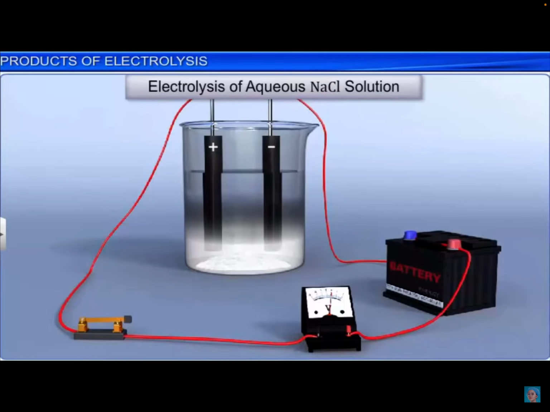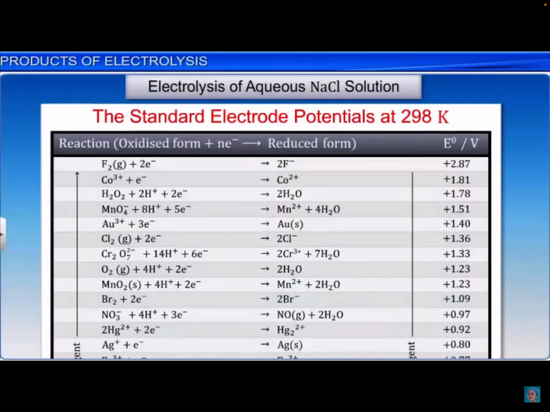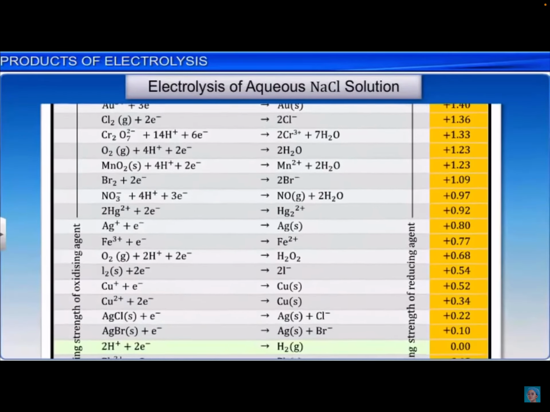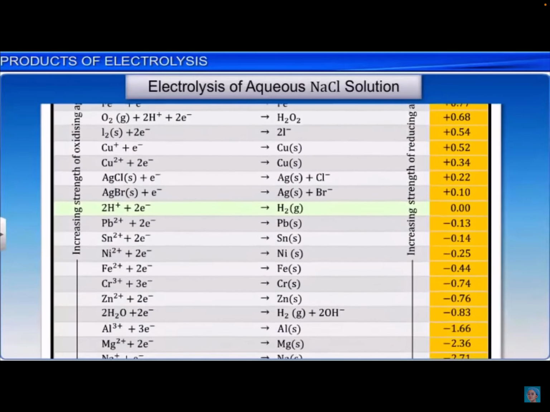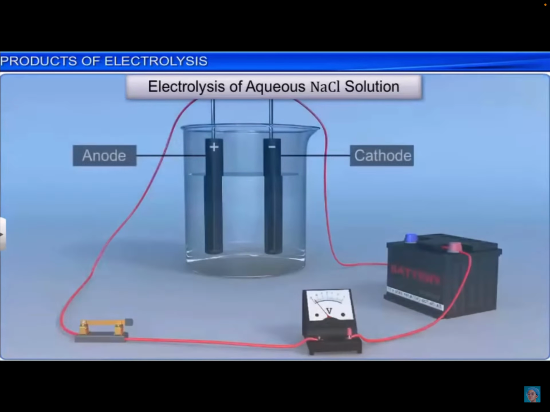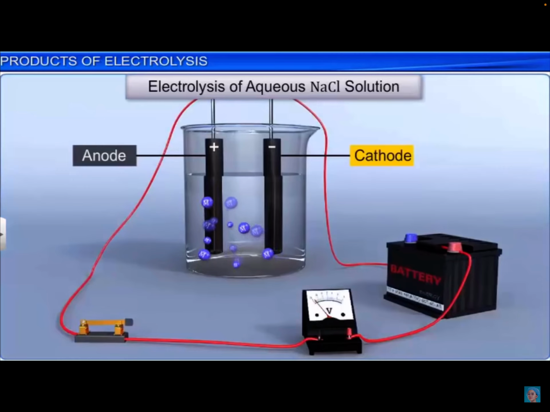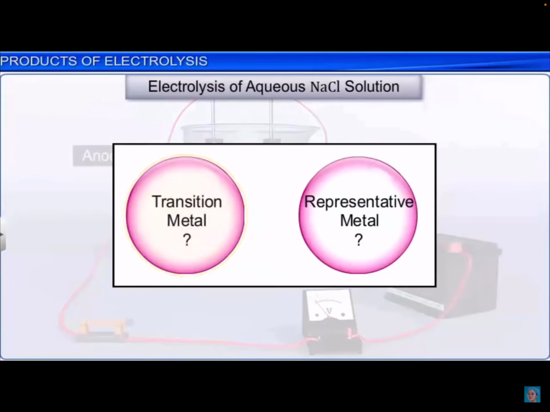Due to overvoltages, you can't rely solely on standard reduction potentials. Reduction will occur at the cathode, but there are two possibilities for the reduction half reaction. First, ask yourself if the cation is a transition metal or a representative metal cation.